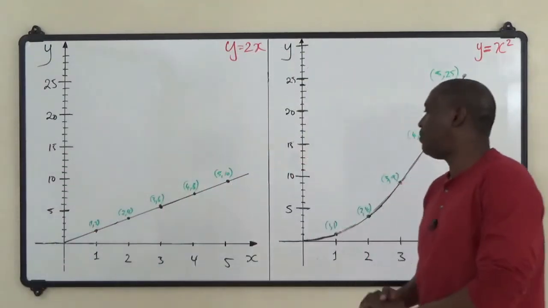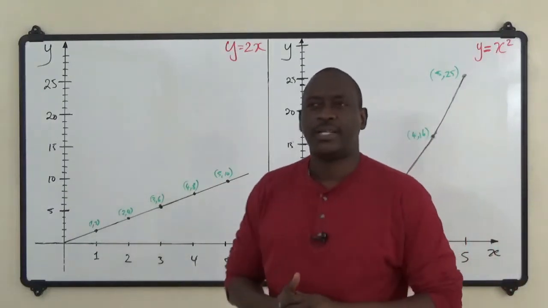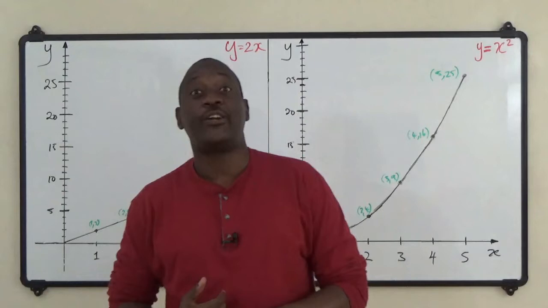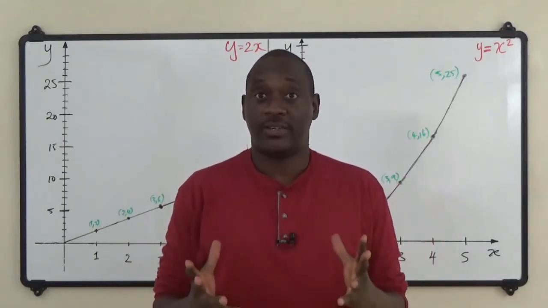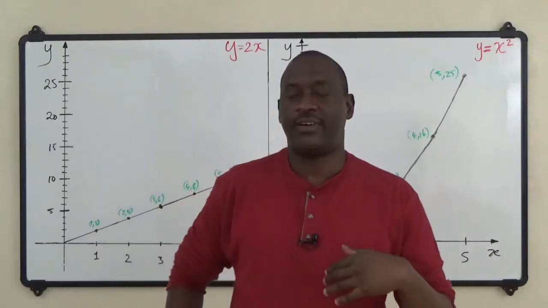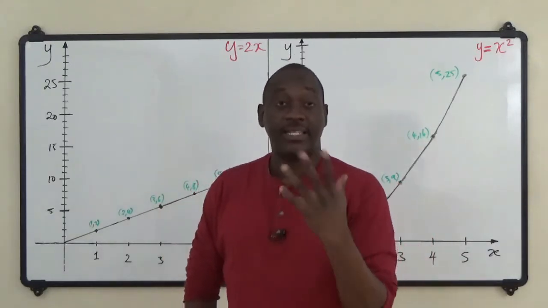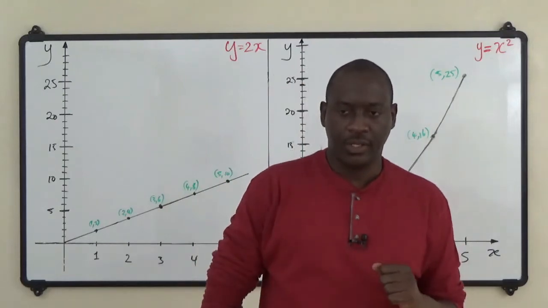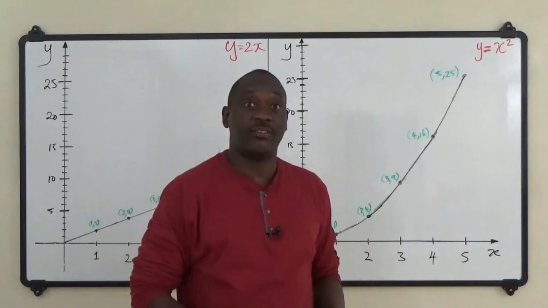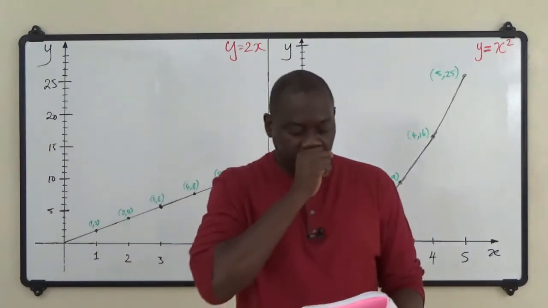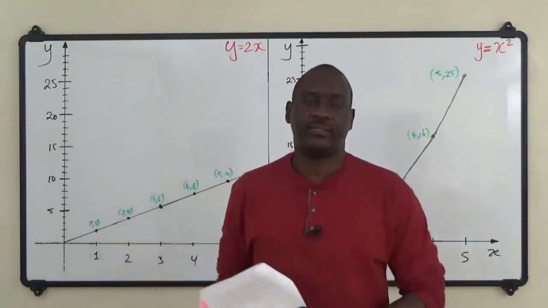Where the straight line is concerned, we know that there's this thing that we refer to as the gradient of a straight line. We know that the gradient is defined as the change in y divided by the change in x. There are so many ways in which we could say this. We talk about the change in y over the change in x.